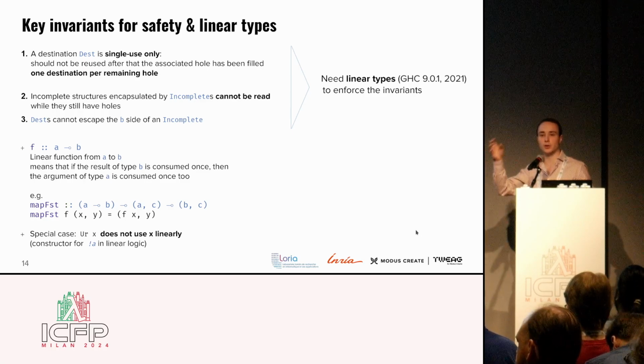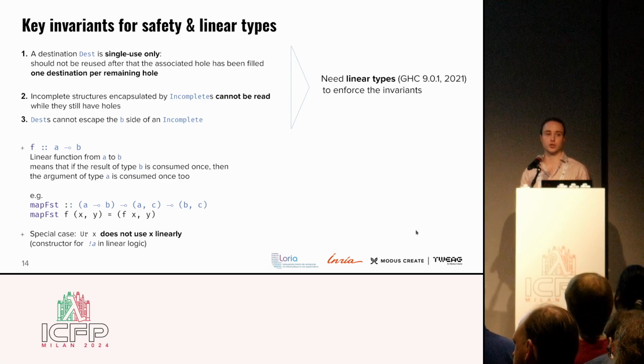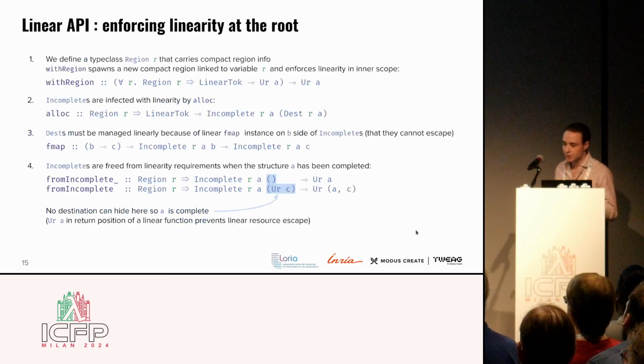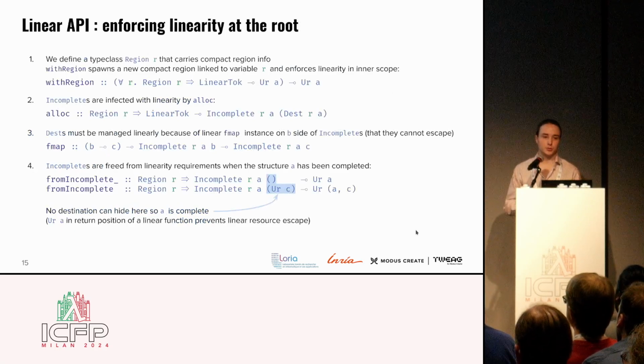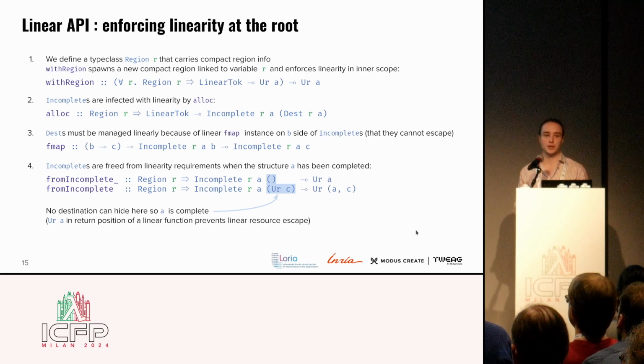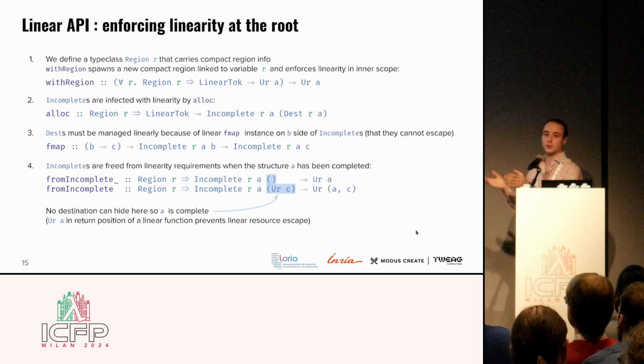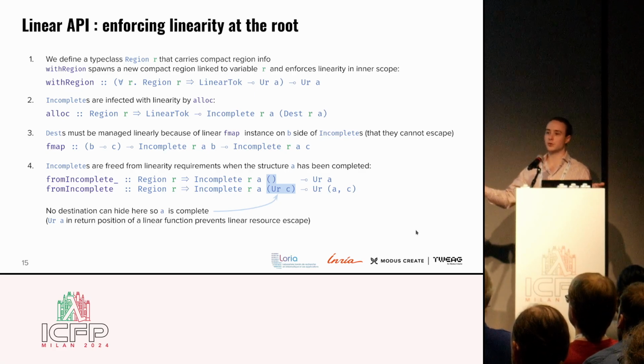We can only put linearity requirements on functions by default. So the usual trick to say that a resource should be used linearly is to ask the user for a callback. Instead of just giving a value and saying this value has linear discipline, we ask the user for a callback.